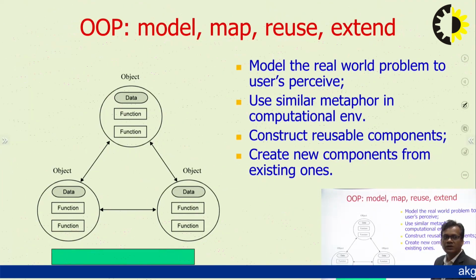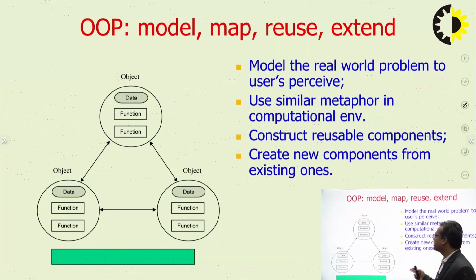So what kind of real world problem does the user perceive? For example, if you want to store some information about some courses in your class, you have to create a model as the user perceives it.